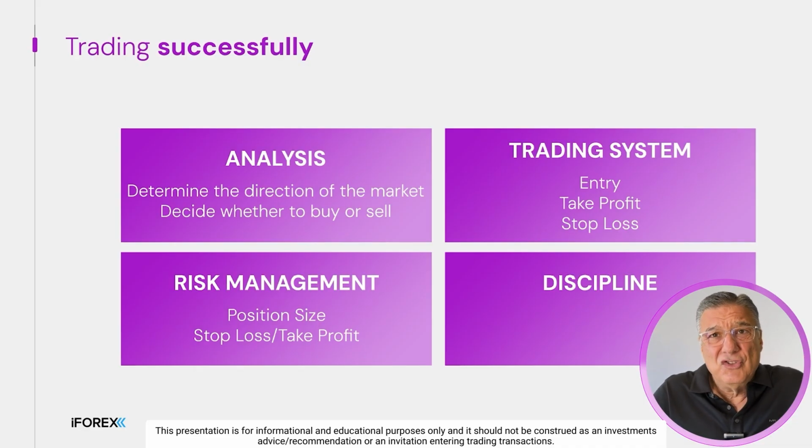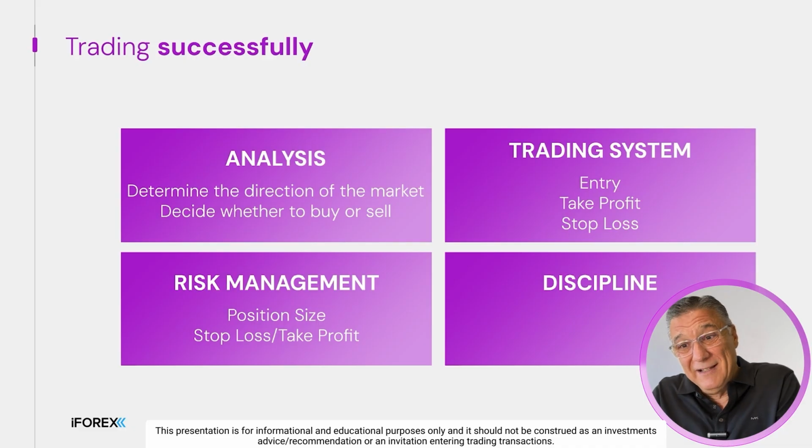So, analysis: we use chart analysis to identify the prevailing trend in the market. So we decide whether we're going to buy or sell based on our chart analysis. Then we need a trading system with precise, detailed rules on when to buy and what to do. Are we going to buy?